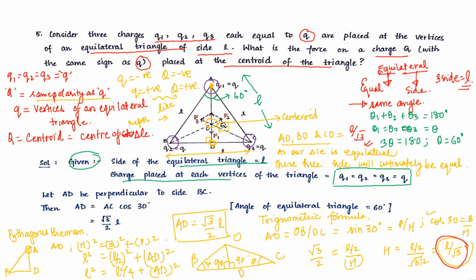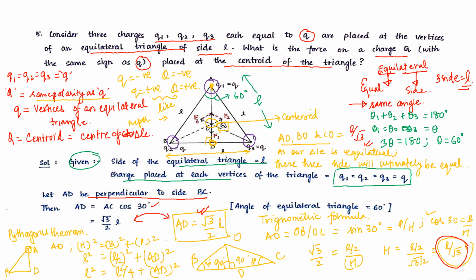Let AD be a perpendicular to side BC. AD equals AC cos 30, and it will come around AD the whole length, not from O to D. AD, which we have found using Pythagoras theorem, are the same. Using trigonometry and Pythagoras, they are the same.